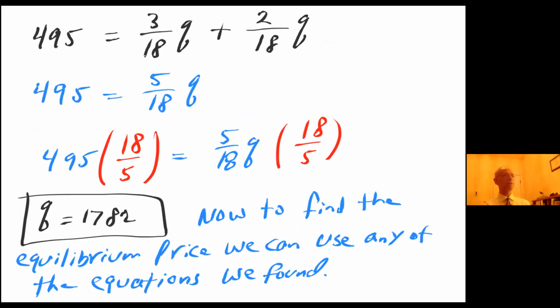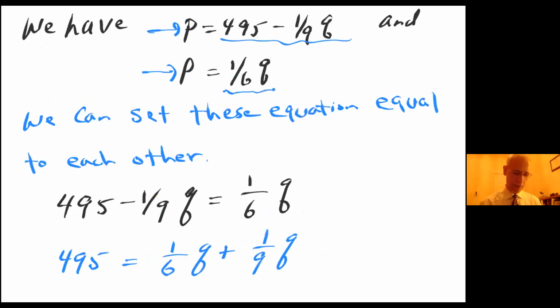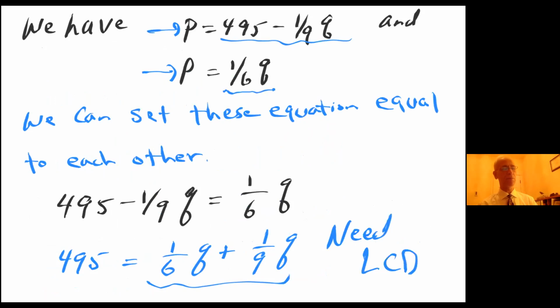I get 495 equals 3/18 Q plus 2/18 Q. Let me go back and explain: in here, 1/6 plus 1/9, I need the least common denominator, and my least common denominator is 18.